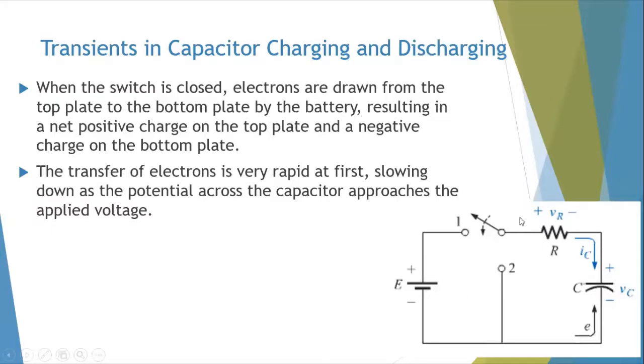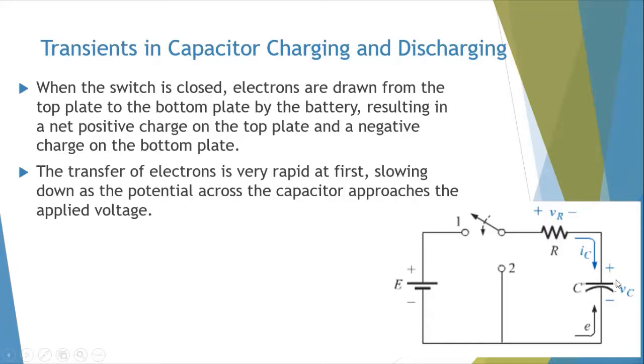But as your capacitor plate starts charging, let's assume E is 10 volts, for example, and initially the capacitor is not charged, it's at 0 volts. So the potential difference between your battery and the upper plate will be 10 volts. 10 minus 0, so it's a maximum difference, and maximum difference in potential means maximum current.